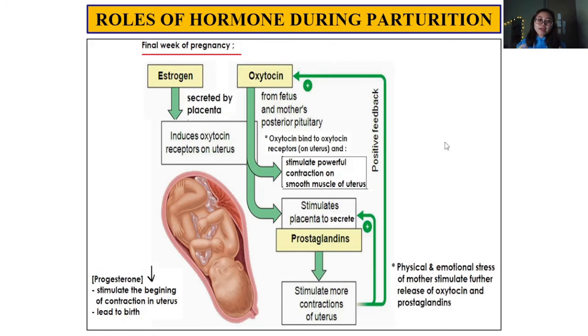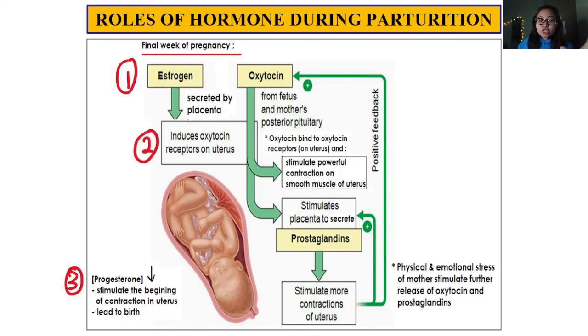So if we go back to this diagram, let's have a look again at the roles of hormones during parturition. We start with estrogen being secreted by the placenta. And when that estrogen becomes higher than progesterone, it induces oxytocin receptors on the uterus.